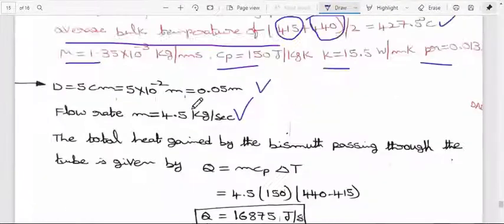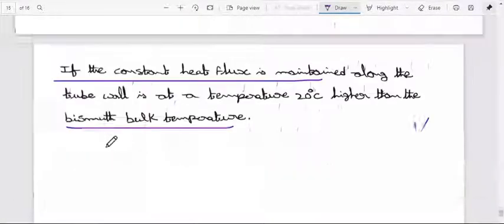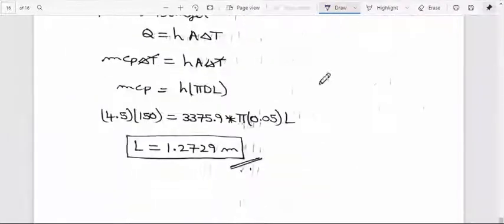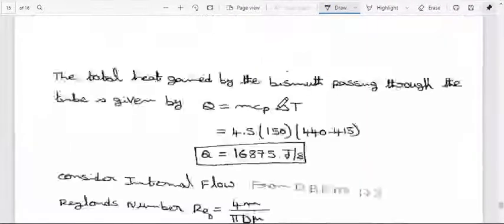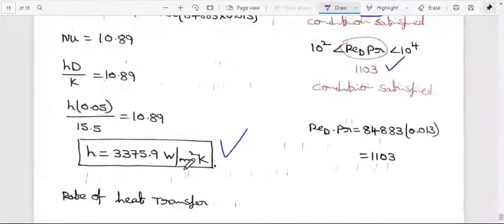In this question, I am calculating Q equal to mCp delta T. Again, for the heat flow rate, we need to calculate the length of the tube. What is the question? Calculate the length of the tube required. So what is the length?